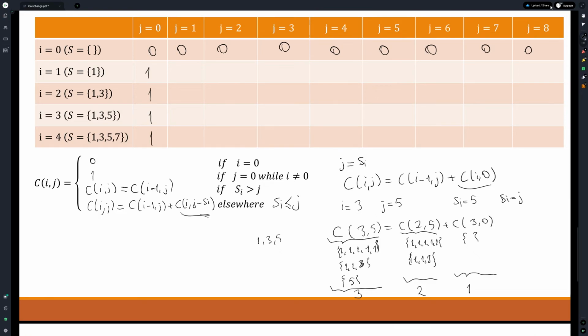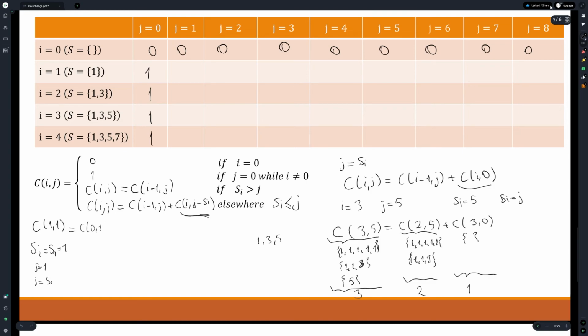So let's start to fill the table. To begin with, C(1, 1). I is 1, J is 1. Since I is 1, Si, that is to say S1, is 1. So j equals Si.